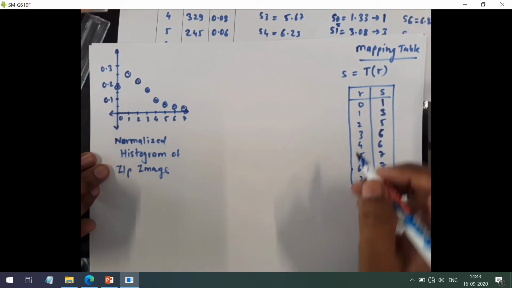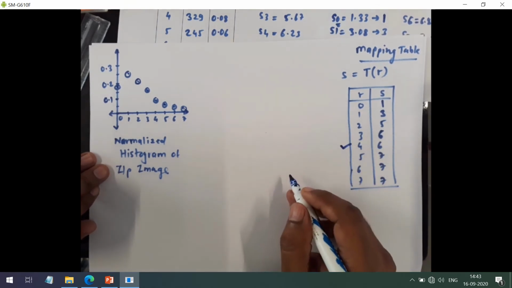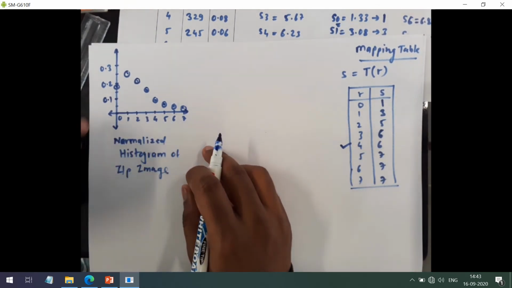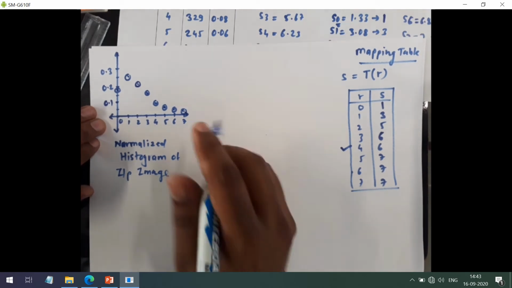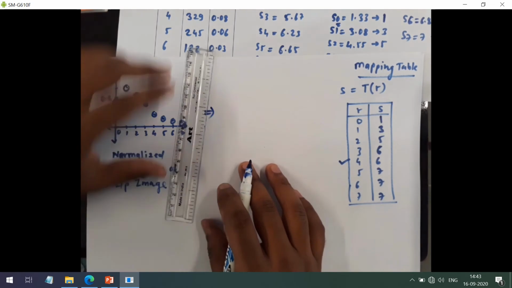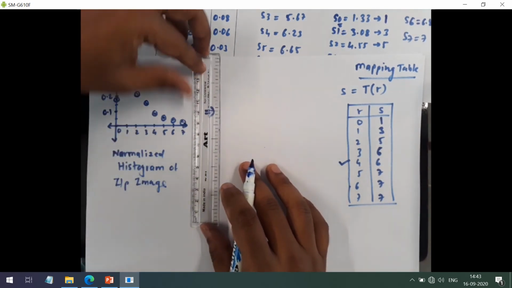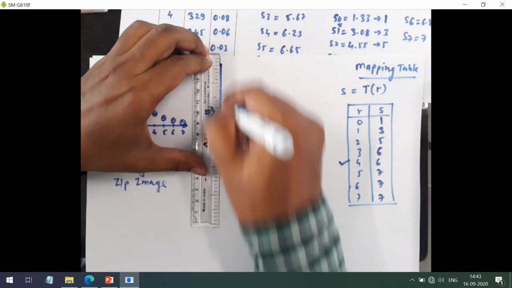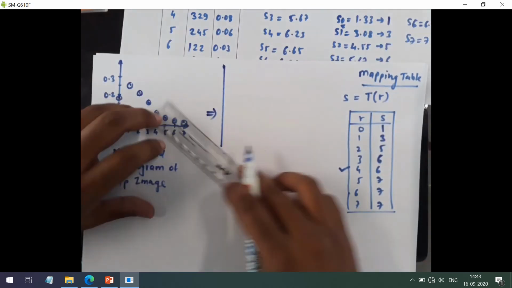Okay, now after applying this transformation, this histogram will change, right? So we'll get the processed image, and what will be the histogram of that? Now we'll draw that histogram, and we have applied histogram equalization, right?